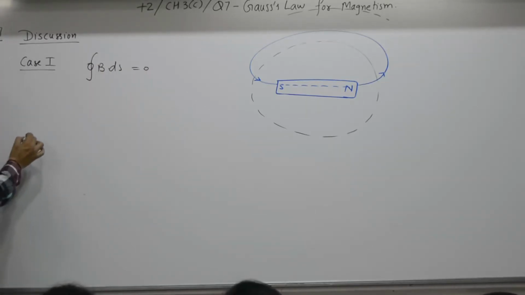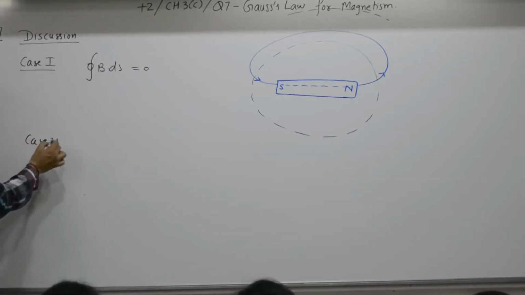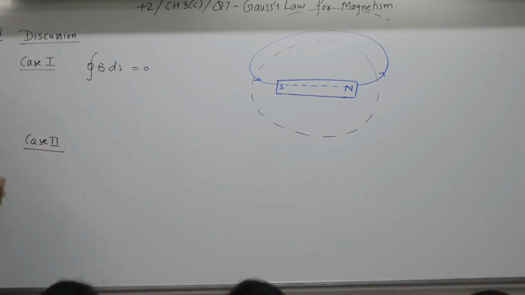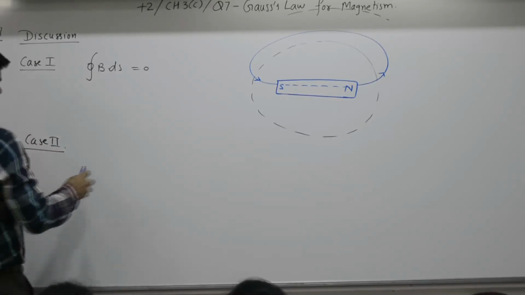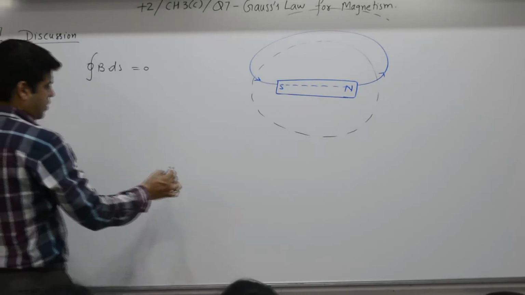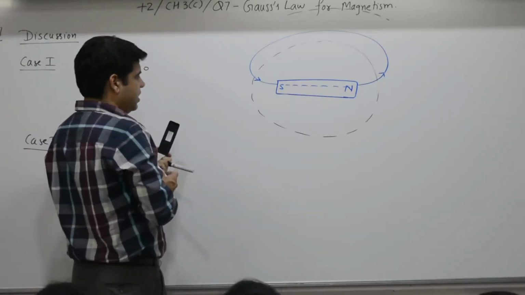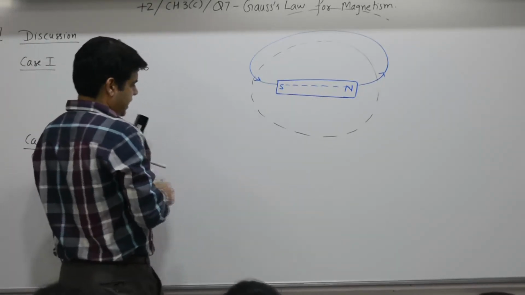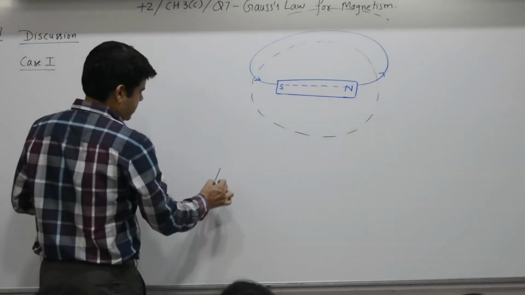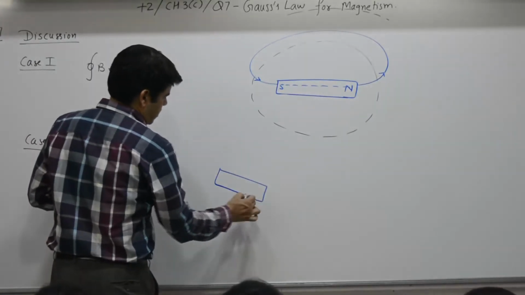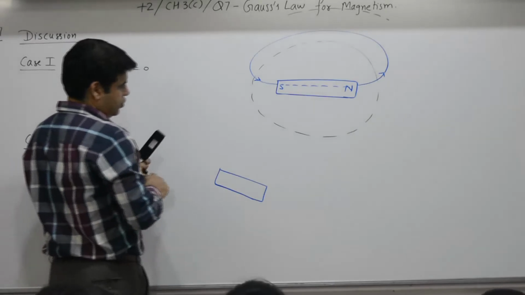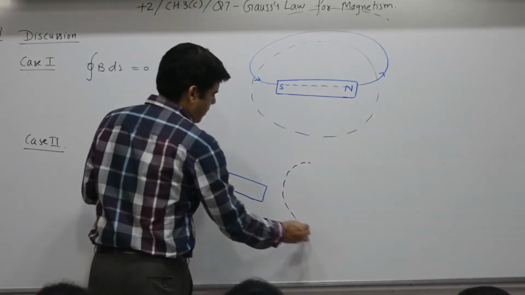Case number 2. There is a magnet, and this magnet is outside the Gaussian surface. So you draw a Gaussian surface outside.